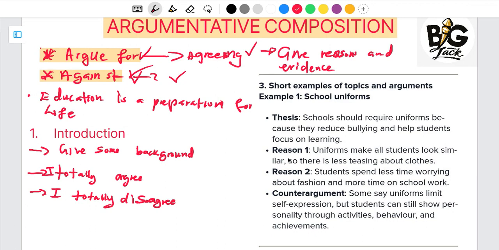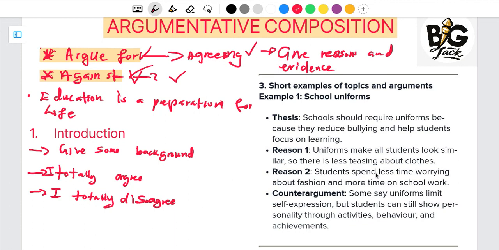Another reason we can choose is uniforms make all students look similar, so there is less teasing about clothes. So you never find someone saying, oh, my uniform is nicer than yours. No. Then from there you're able to identify that this is a student. If someone comes with no uniform and is sitting in the classroom, you're able to identify that that one is not a student.